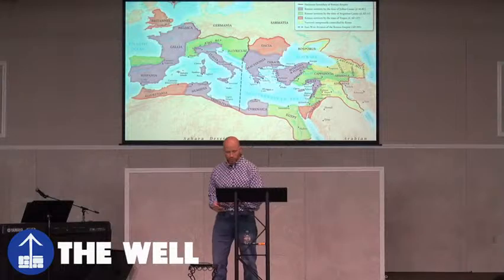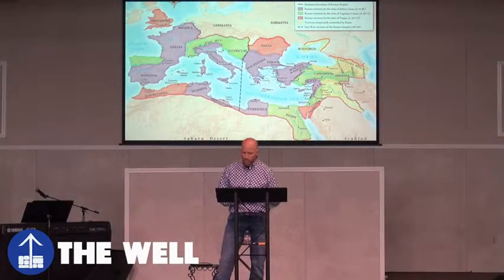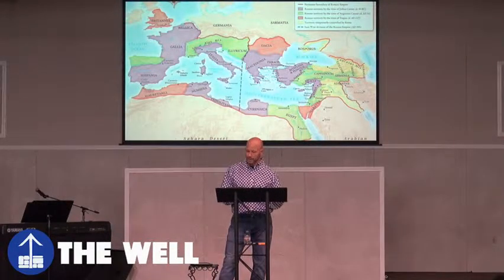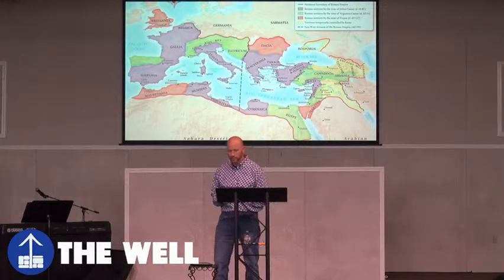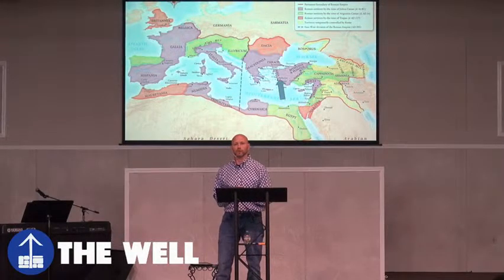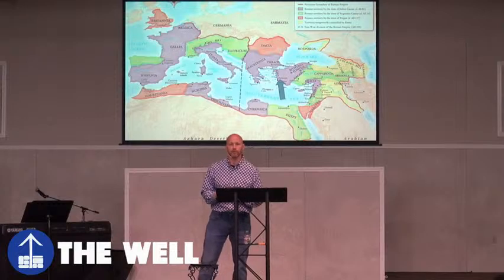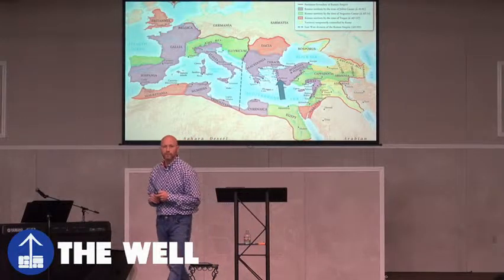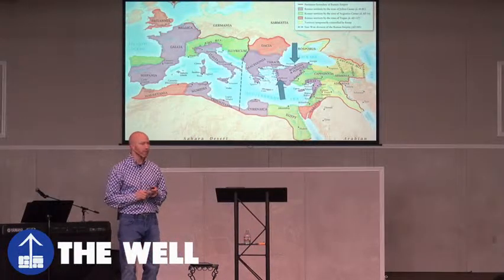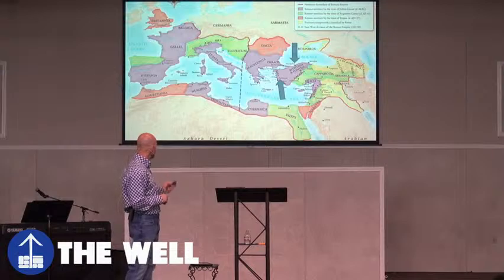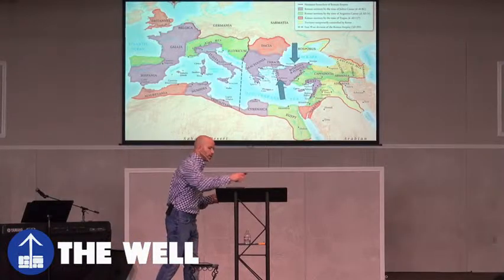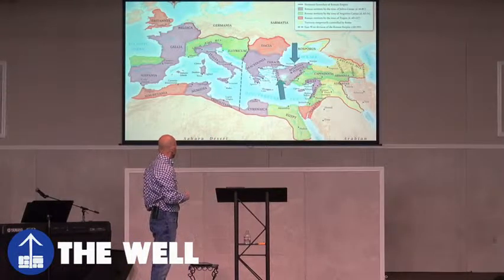Now, I want to show you a writing that is dated to about 110 AD. But I want you to focus. You see that arrow there? The first one is in the proximity of the seven churches.